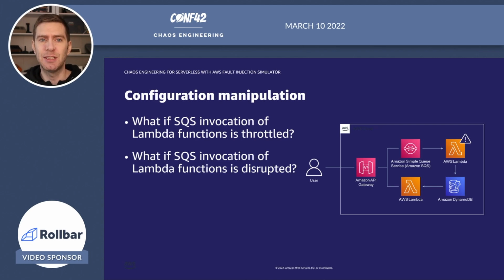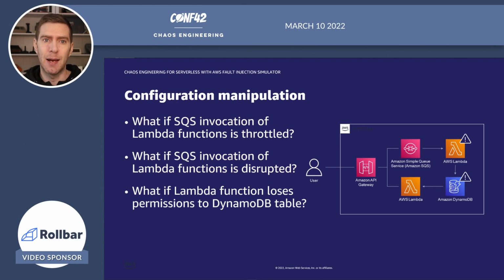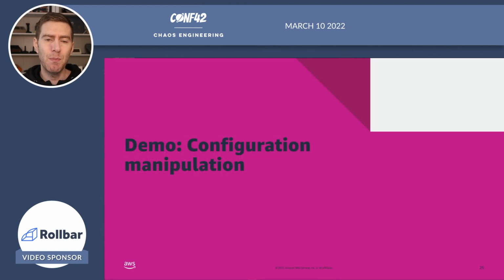Or what if SQS invocations of the Lambda function are disrupted entirely, so we're not picking up any messages from the queue? Or another example, what if the Lambda function loses permission to the DynamoDB table and isn't able to store the messages that it's picked up from the queue and processed within the Lambda function? So let me briefly show you an example of how we can do this type of configuration manipulation with a quick demo.